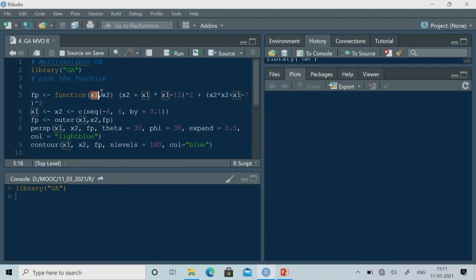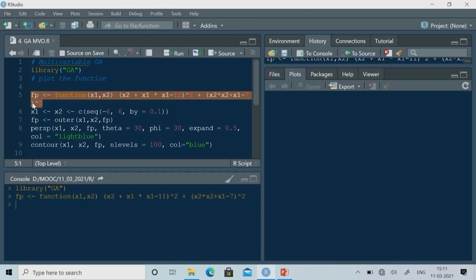Therefore, x1 and x2, and the function is x2 plus x1 square minus 11 whole square, plus x2 square plus x1 minus 7 whole square. So, this is the function. Let us execute this one.